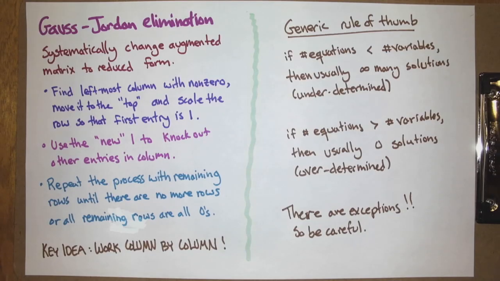You don't want to do work and then undo it by making more non-zero entries. Our goal is we want more zero entries. Once we've knocked out, we say, great, we like what we have, repeat. Repeat, repeat, repeat, until there's nothing left to do. All right. So if nothing else, just remember, work column by column, and you'll be okay.